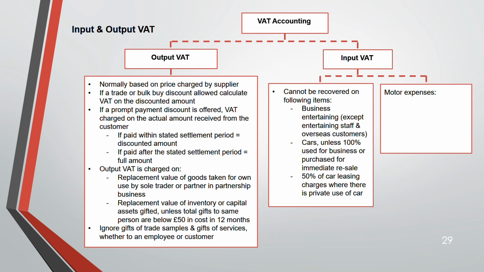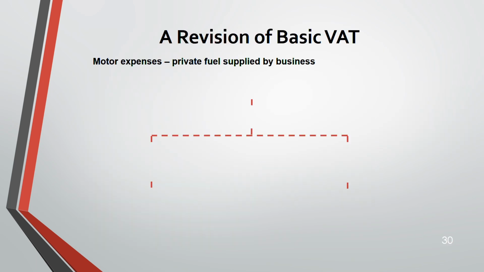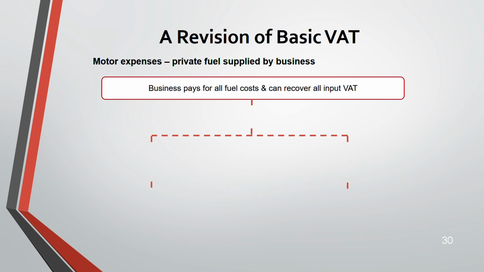Motor expenses. Input VAT is recoverable on all the car running costs even if there is private use of the car. Fuel supplied for owner and employees, okay, these are the motor expenses. Now, private fuel supplied by the business: the business pays for all the fuel cost and can recover all input VAT.